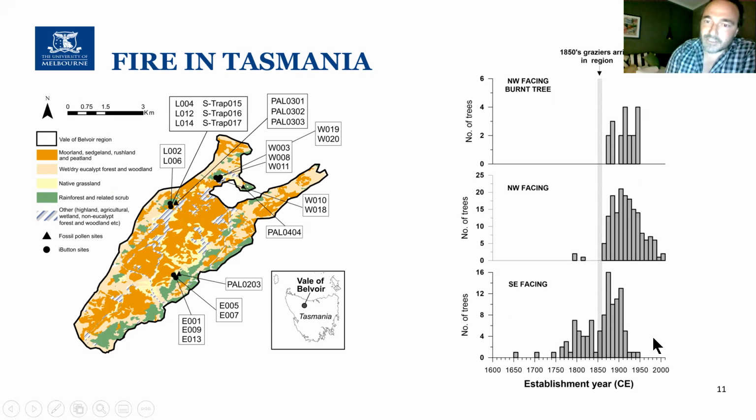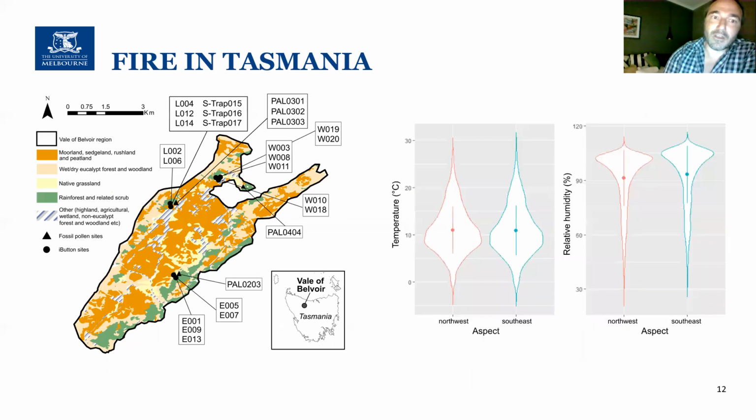Whereas on the southeast facing slopes, you see trees stretching back to the 1600s, well before the British even invaded, and there's continual recruitment right through. So this shows essentially that there's a different kind of dynamic happening on the southeast facing slope and the northwest facing slope. So for a year, we set out some temperature and humidity loggers.